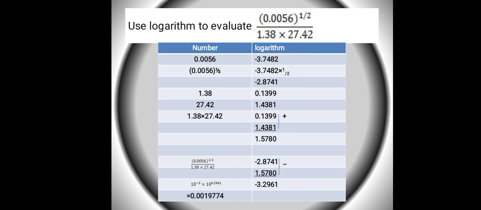The logarithm of 1.38 is 0.1399. The logarithm of 27.42 is 1.4381. Add the two, you get 1.5780. Now subtract the denominator from the numerator, we get 3.2961. Get the antilogarithm, we have 0.00197774.